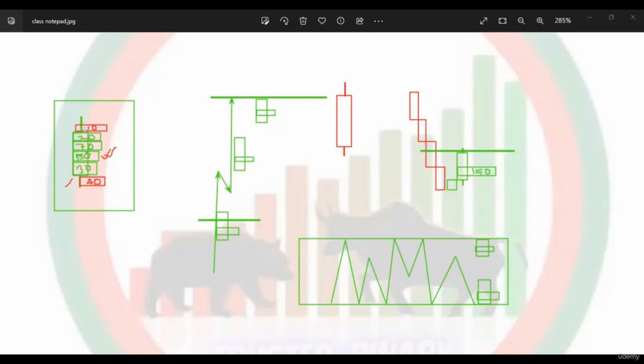Now we can normally think that what may happen next candle, we can expect go up because power of control is here. That means when the volume of any candlestick is maximum volume, then that area is a power of control.